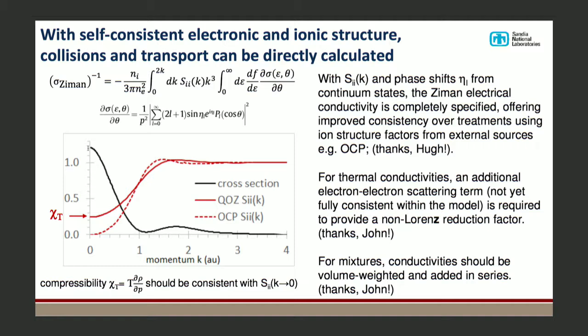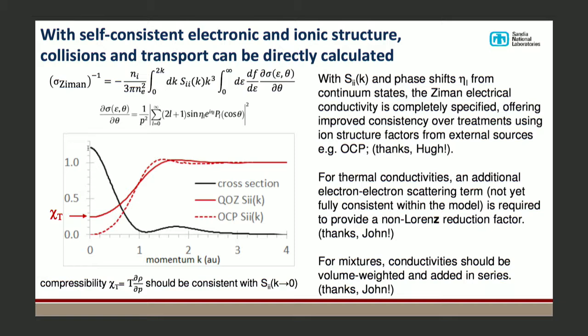But it also has a dependence on the ion term. And since in this model, the ions and the electrons are self-consistent, the same potential that gives you the electronic wave functions gives you the ion-ion coupling that leads to the structure factor, there's much less of a chance of generating compensating errors than there would be if you took a cross-section from one place and a structure factor from another.